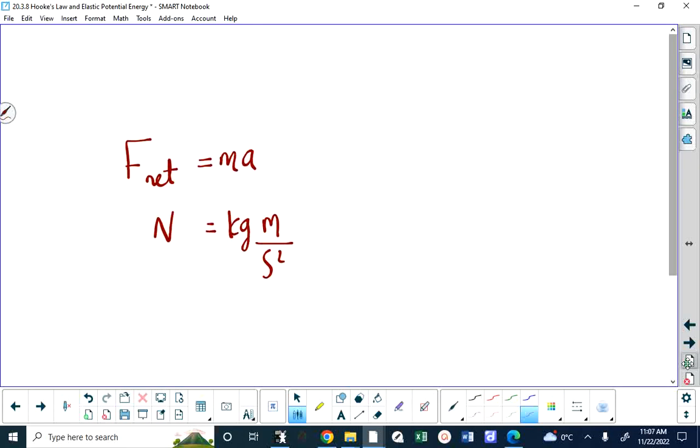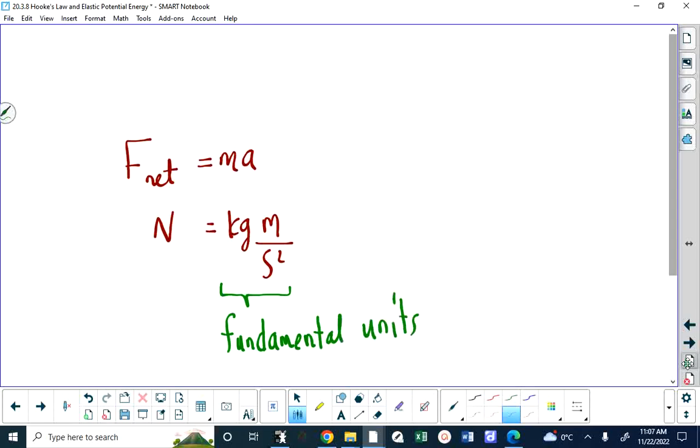Why don't we condense that? And for that reason, these are called fundamental units. But this is called a derived unit.